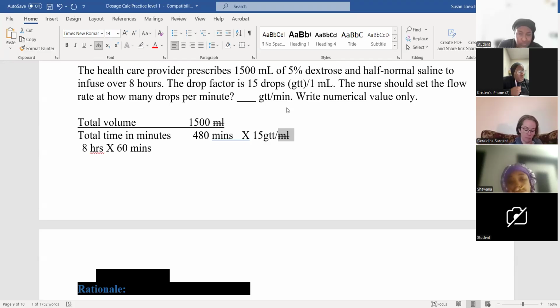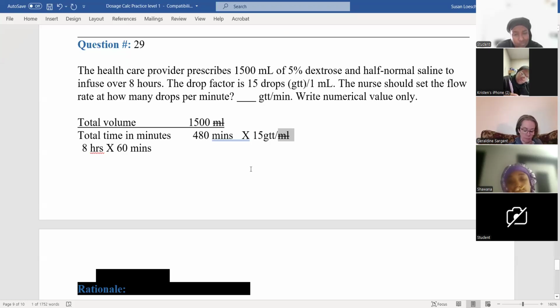So now 1,500 divided by 480 times 15 is what? 46.8. And the rule is to round it to the whole number, which is 47 drops per minute.